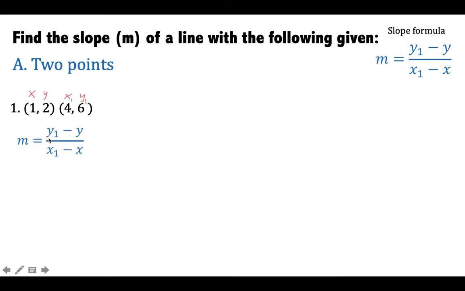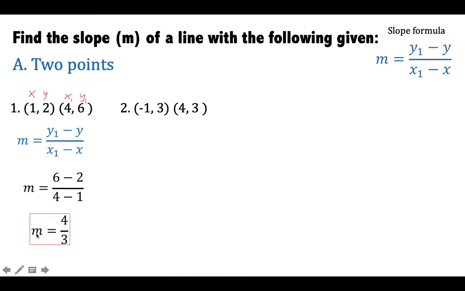Then we will replace x sub 1, y sub 1, x and y by their corresponding values. So our y sub 1 is 6, our y is 2, our x sub 1 is 4, and our x is 1. Then after that, simplify. 6 minus 2 is 4, 4 minus 1 is 3, and we have the slope 4/3.